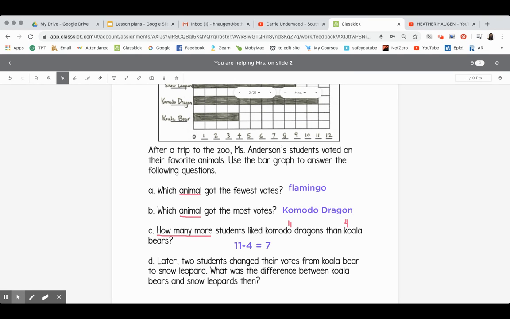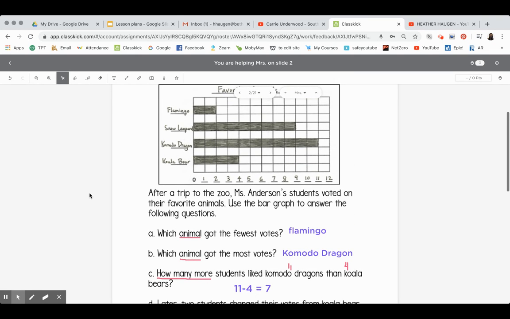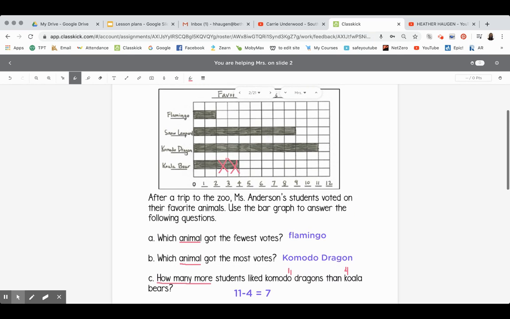So 2 students changed their votes from koala bear. So that means this kid, no koala bear. This kid, no koala bear. So now we only have 2 koala bear kids. And instead, they changed their vote to snow leopards.